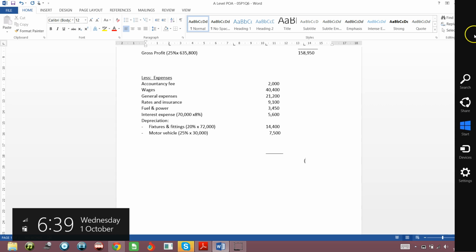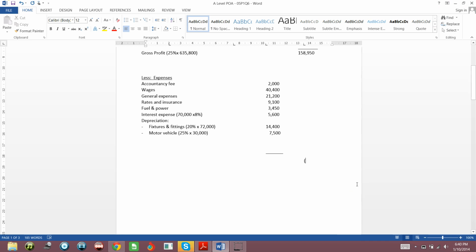You should learn by using an approved calculator, and you should actually practice so that you can add up fast, because this is crucial in the exam. Plus 200. Okay, so the figure is 103,650.